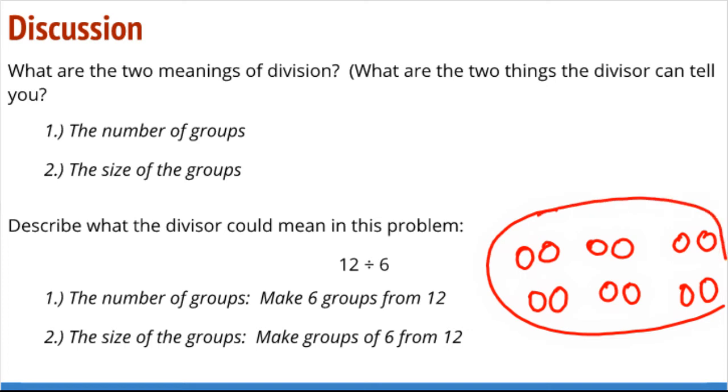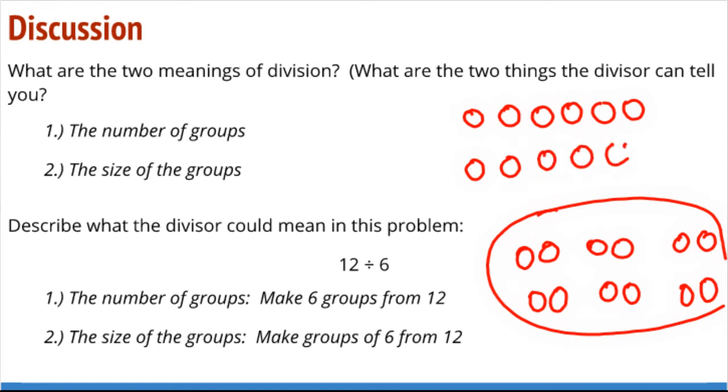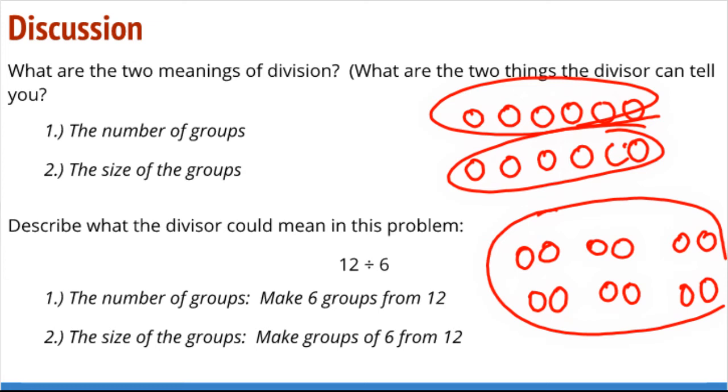Each group has 12. If I make groups of 6, they look different. They both have 12 in them, but how they are organized and arranged is not the same.